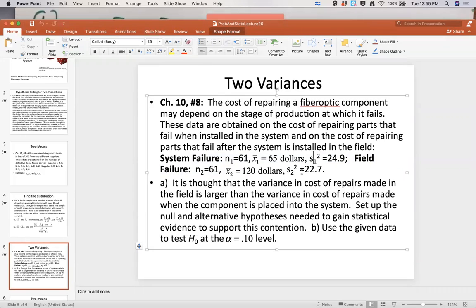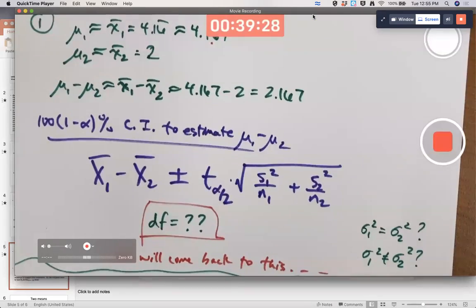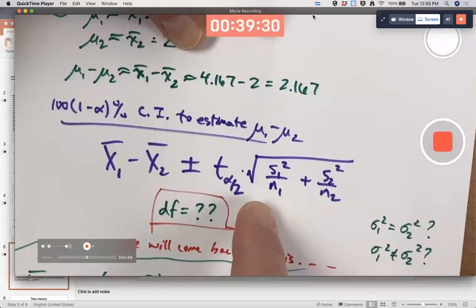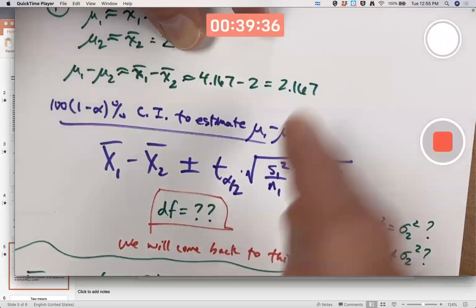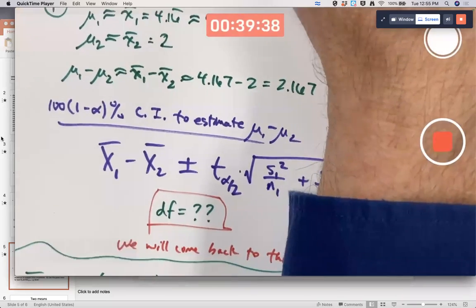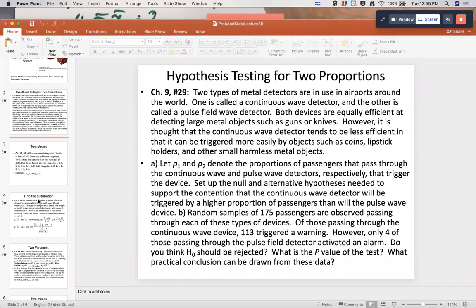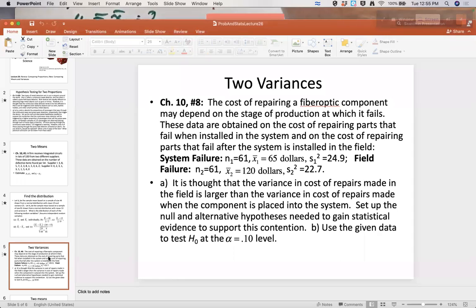We might be justified in assuming the population variances are equal, for the purpose, perhaps, of making this easier in one way or another. And that's what we need to justify here. We need to say, can we reject the null hypothesis that sigma 1 squared equals sigma 2 squared?